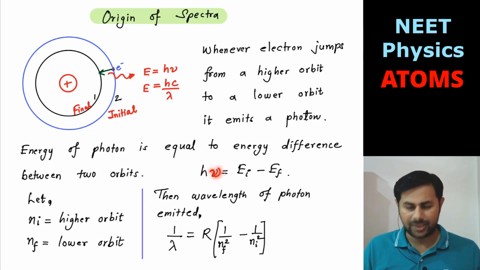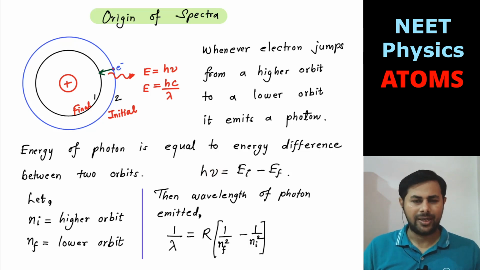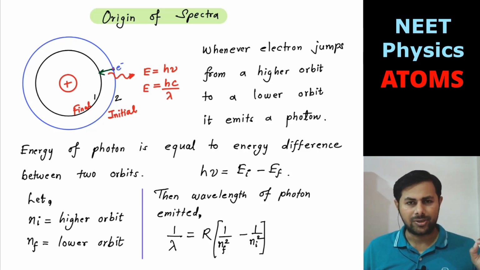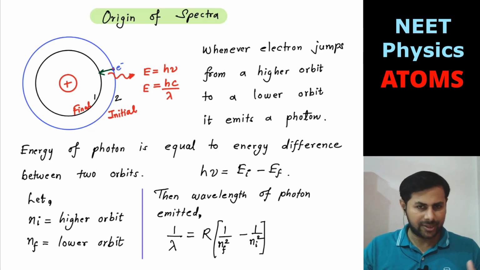If frequency is largest, the wavelength would be shortest. So just remember, when the electron jumps from infinite orbit to any orbit, you get the shortest wavelength for that series, because the energy difference would be largest in that case.